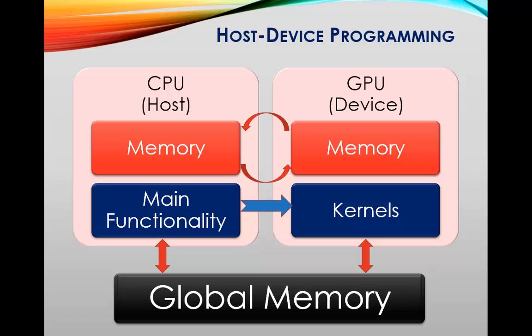Alternatively, we have the CUDA compiler, or the device compiler, that takes pieces of code that we want to run on our device, our GPU, and compiles them for the hardware architecture of our CUDA device.